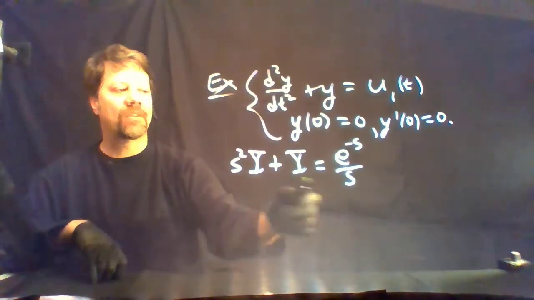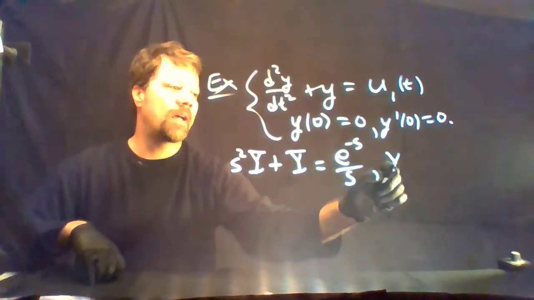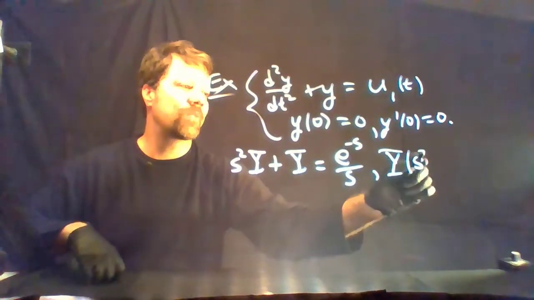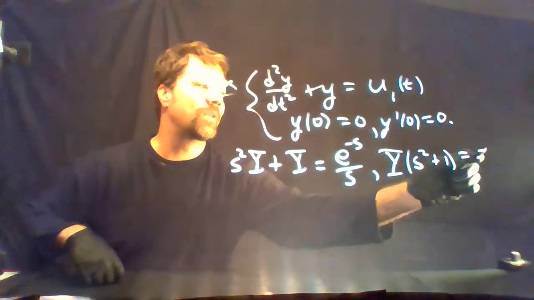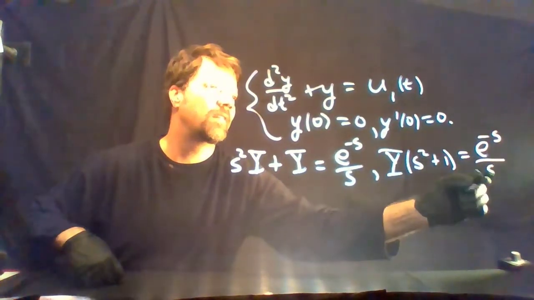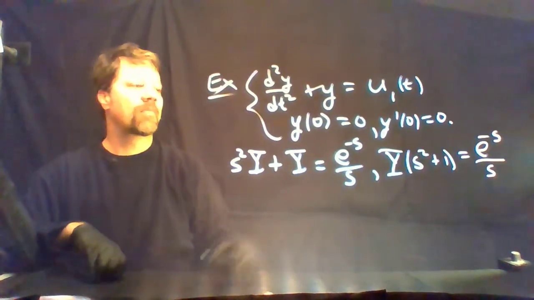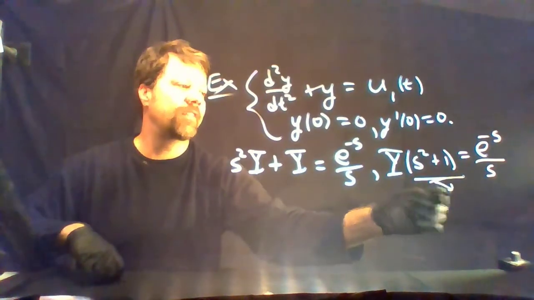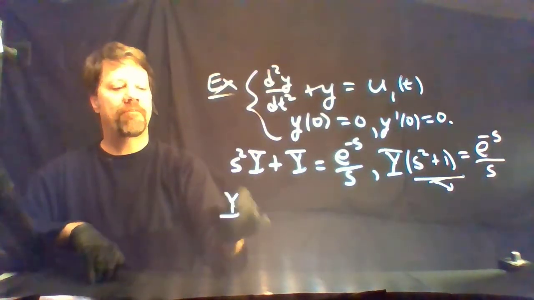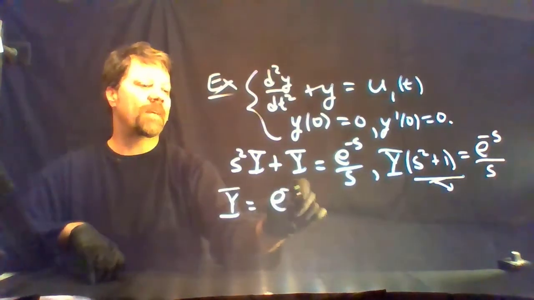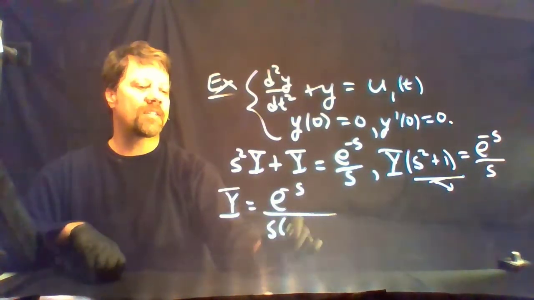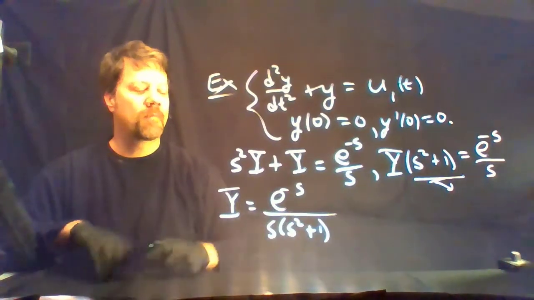Factoring Y out on the left-hand side gives Y times s squared plus 1 equals e to the minus s divided by s. Taking this factor and dividing it off, we have big Y is e to the minus s over s times s squared plus 1.